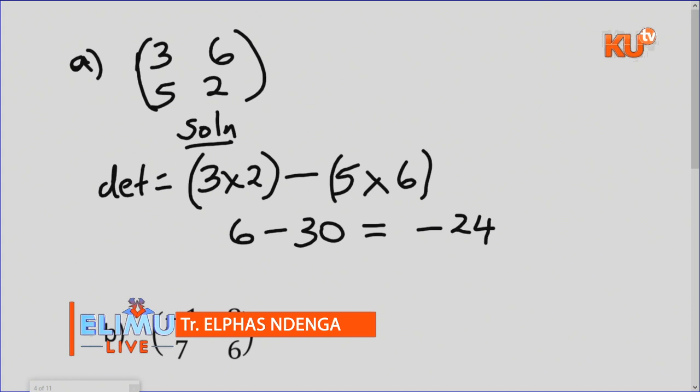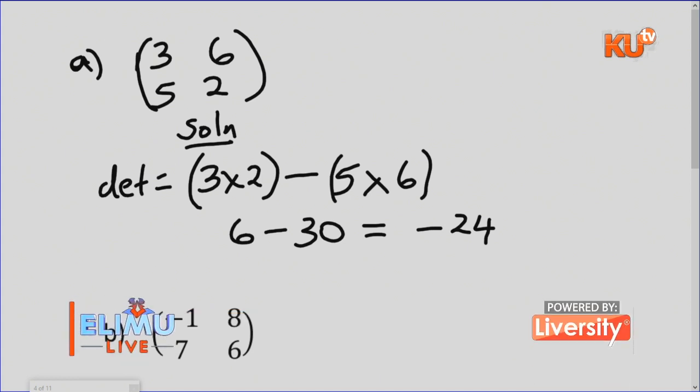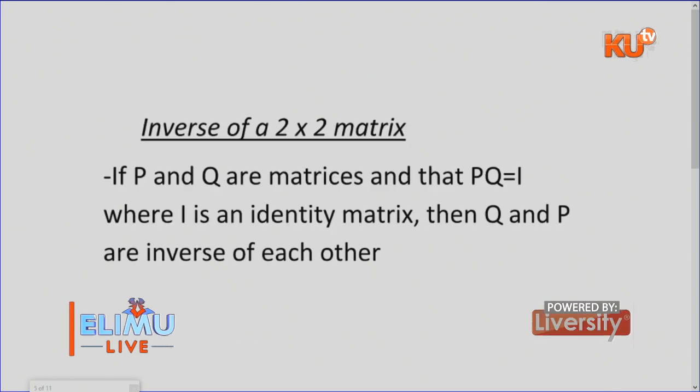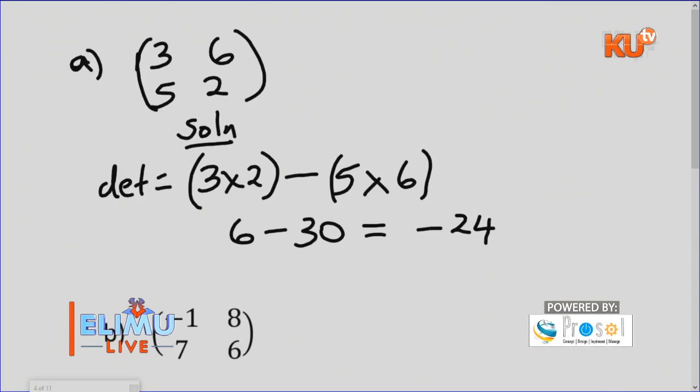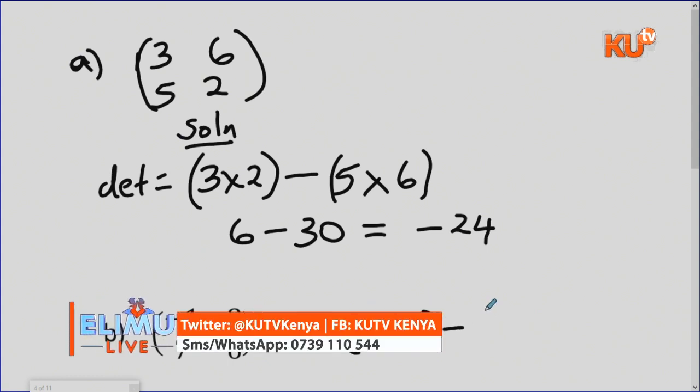In our second case, students, let's look at negative 1, 8, 7, 6. We will get our determinant as follows. The elements in the leading diagonal give negative 1 times 6. And then we subtract 7 times 8.